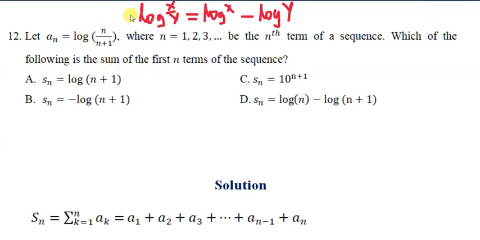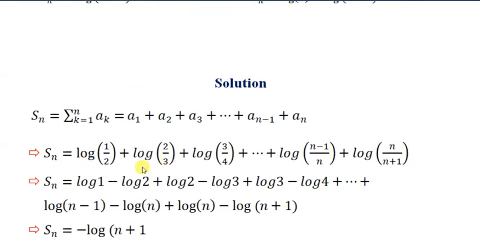Now again, let me remind you this: logarithm of x over y in base 10, which is the common logarithm, is equal to logarithm of x minus logarithm of y, and therefore expand this one. Expand this logarithm, please.